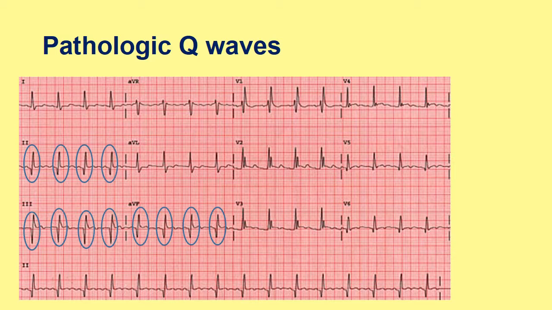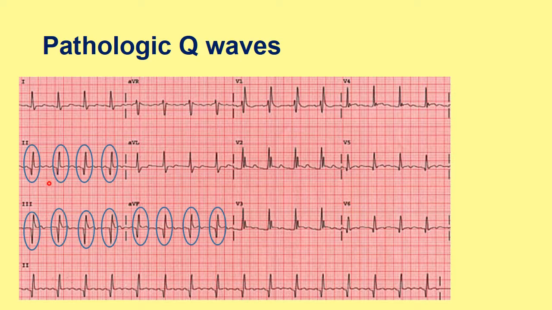Okay. And for you to confirm that there's an old myocardial infarct, you must have at least 2 concordant leads saying there's an old infarct. So for example, if I only have a Q wave in lead 2 and I don't have any in lead 3 or AVF, then I can't say there's an old infarct.